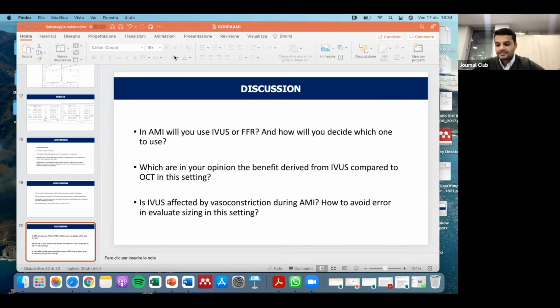Okay. And just to ask you, has there been any settings where you have used IVUS in acute coronary syndrome, or is it also the same, like all of us are saying, that almost never?